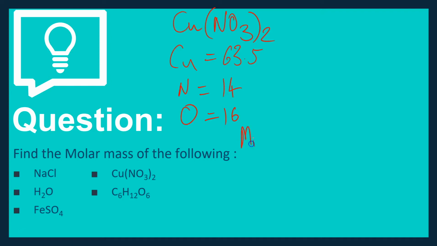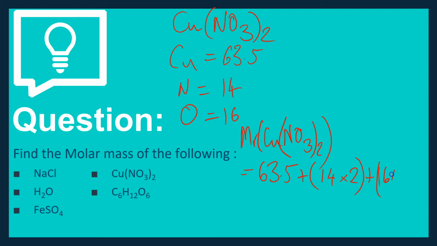So we're going to do molar mass of Cu(NO3)2. Okay, and I'm going to write down here, this would be 63.5 plus, now 14 for nitrogen. I have 1 nitrogen within the brackets, but there's 2 lots of brackets, so that means I need to go times 2, plus 16 for oxygen.